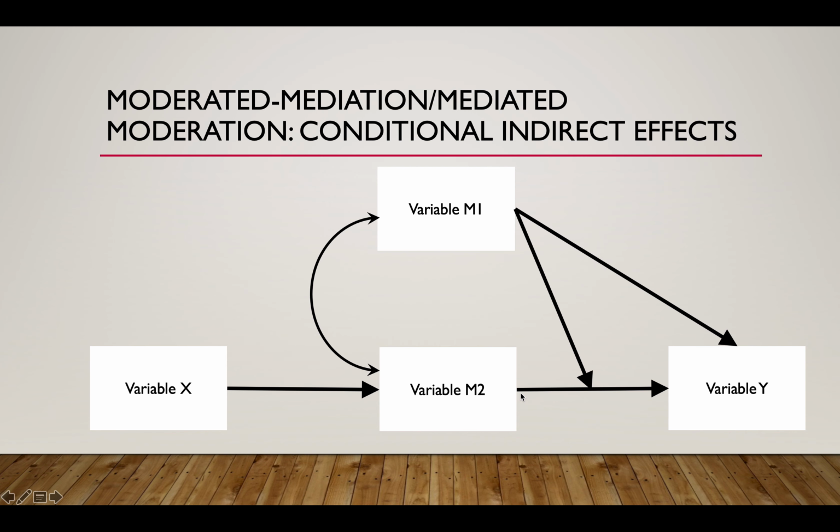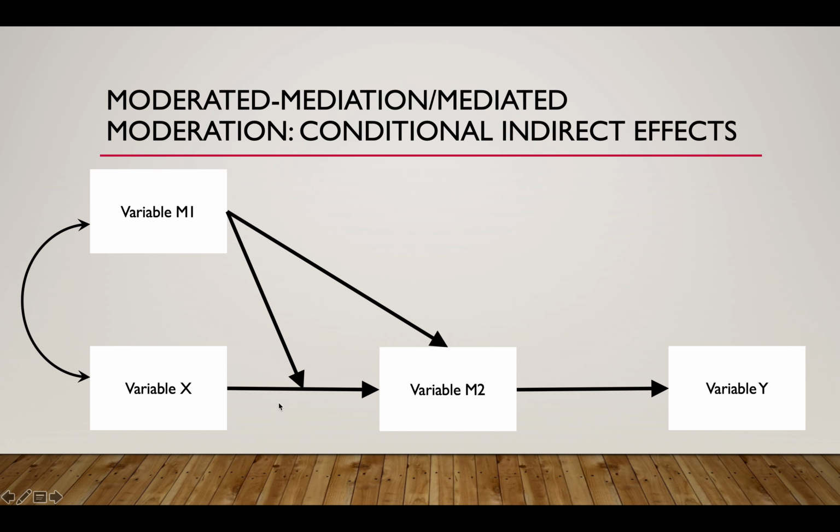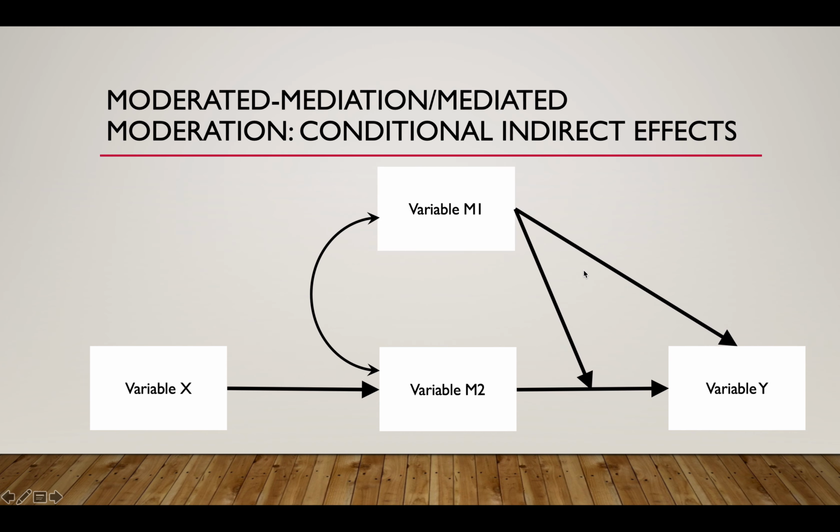So your simple slopes would either talk about how this slope right here varies at levels of M1, or if it's this way, how this slope right here varies at levels of M1. Then talking about the total indirect effect, which we will do in class tomorrow.